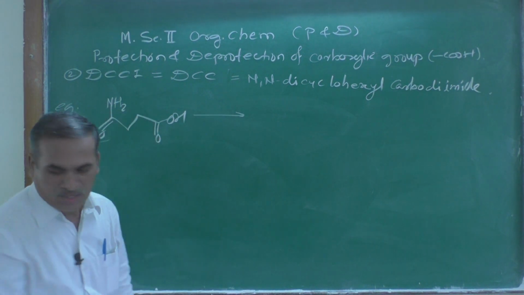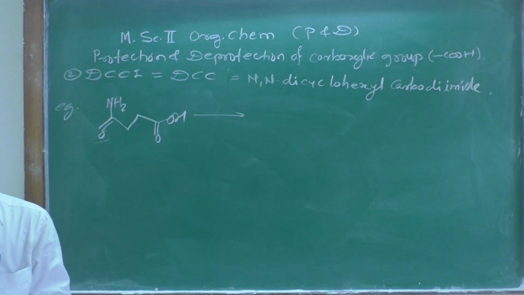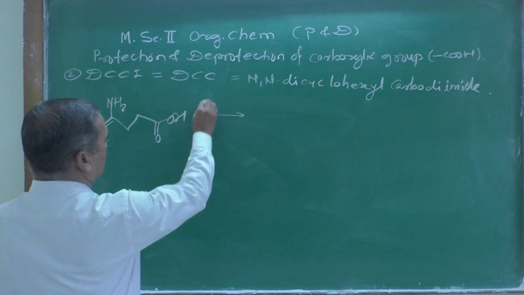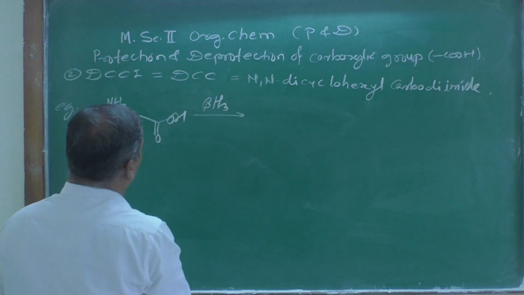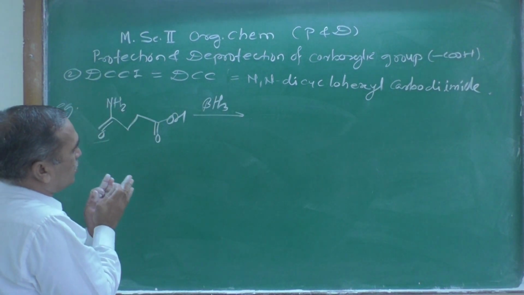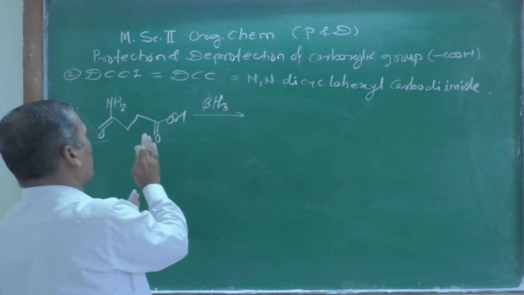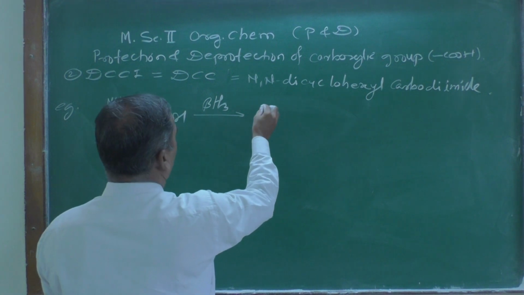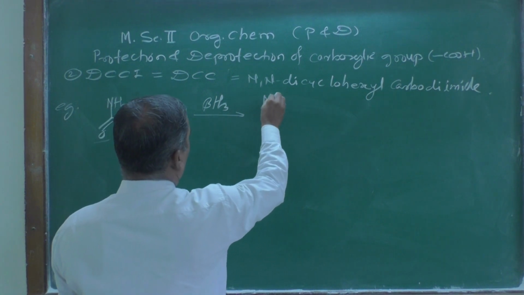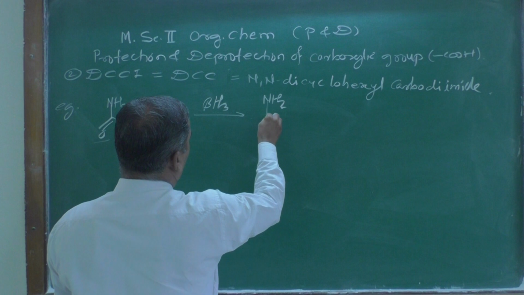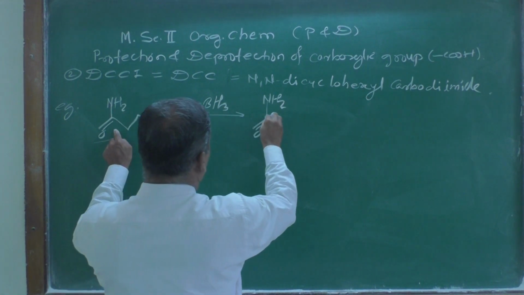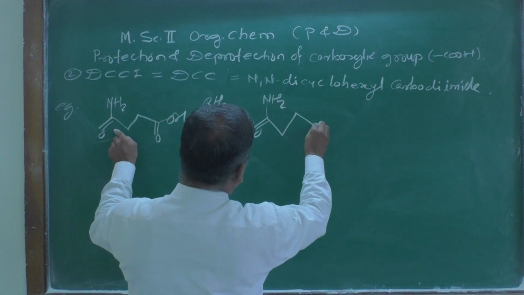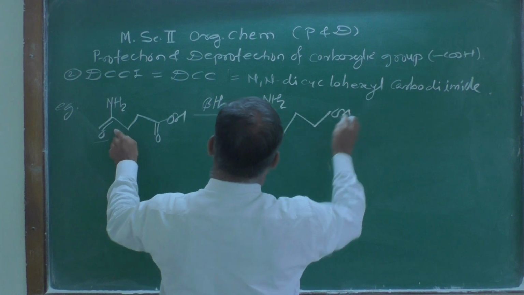if this compound is treated with BH3, a well-known reducing reagent, what will it do? It can reduce the more reactive group into the corresponding alcohol, CH2, and this double bond remains as it is, then CH2, CH2 and OH.